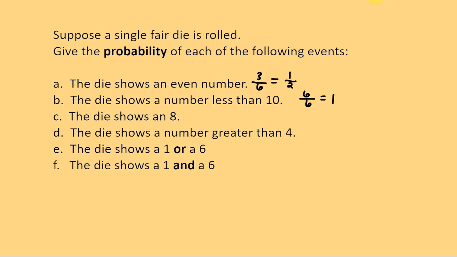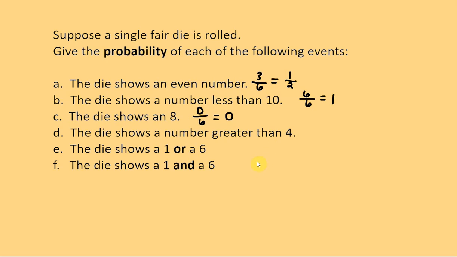Remember that when E equals the sample space, then it is a certain event. The die shows an 8. There are no 8s on a 6-sided die, so that would be 0 out of 6, which is 0. The probability is 0.